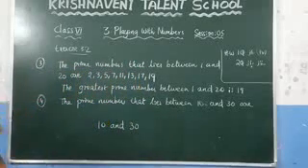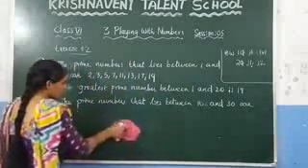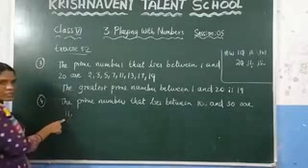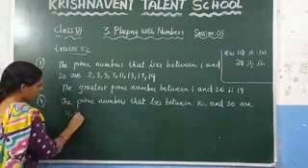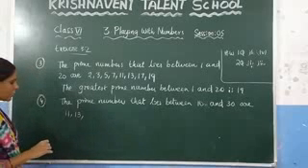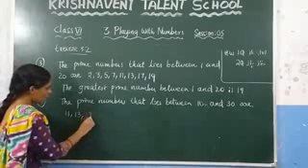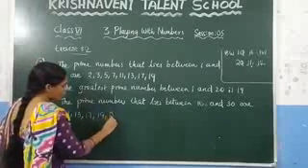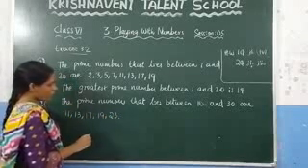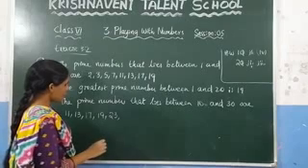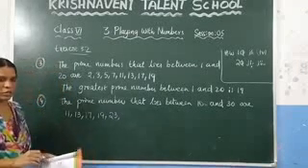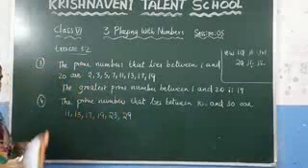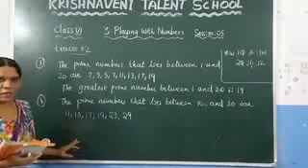You know that 11 is a prime number, since prime numbers contain 1 and itself as factors. 12 is not a prime number, 13 is a prime number, 14, 15, 16 are not prime numbers, and after that 17, and after that 19, and after that you will get 23. The next numbers, 24, 25, 26, are all not prime numbers, and after that 29. These are the prime numbers because they contain only 1 and itself as factors.